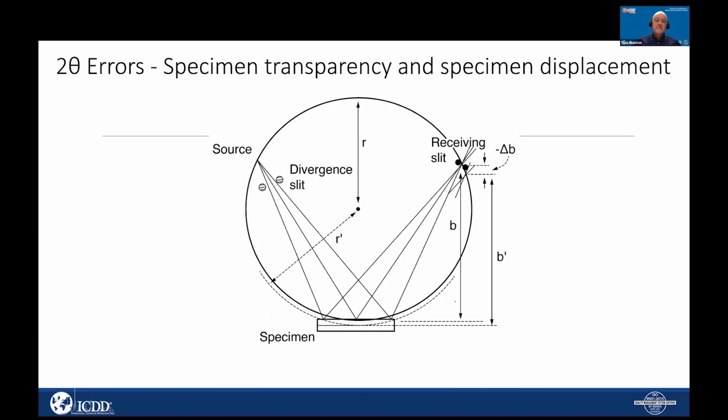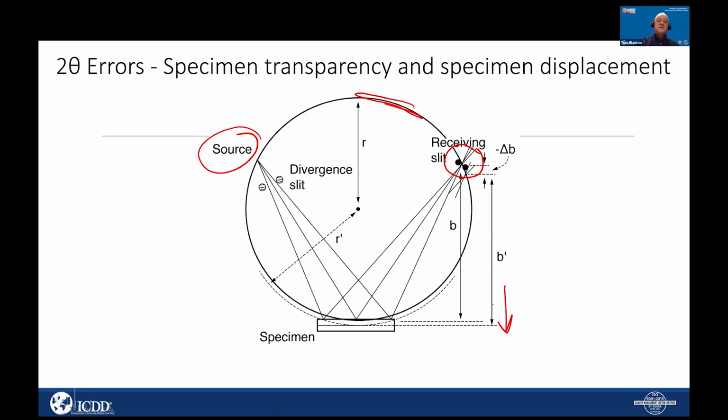So what do we mean by that? If you take your Bragg-Brentano diffractometer, there's an imaginary focusing circle where the source, the surface of the sample, and your receiving slit are on this focusing circle. If you have transparency or specimen displacement, you're no longer on the focusing circle and you're displaced by some amount.